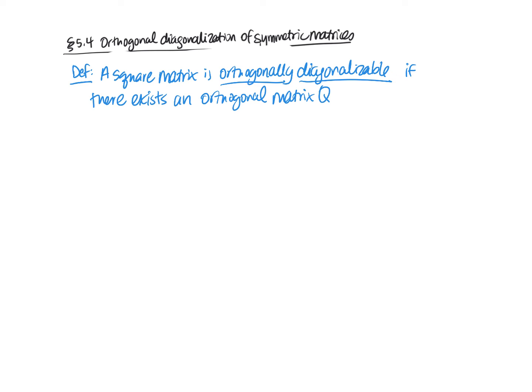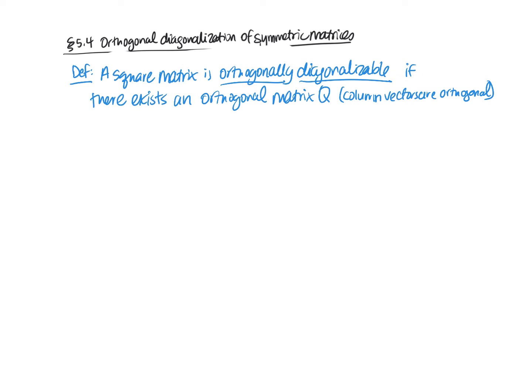Now, what do we mean by an orthogonal matrix? We talked about vectors being orthogonal, but for an orthogonal matrix, that means the column vectors are orthogonal. If the column vectors in that matrix are orthogonal, then the matrix is orthogonal.